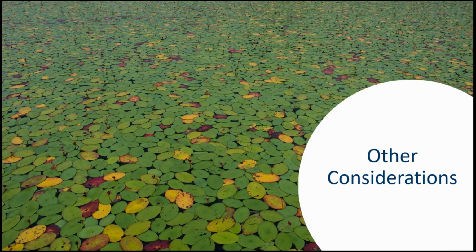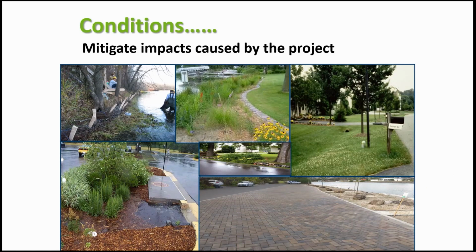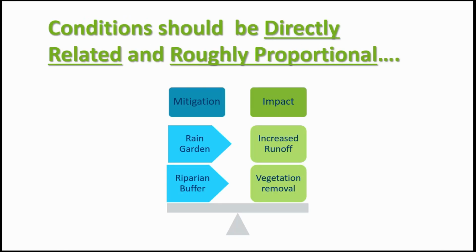Let's move on. We just have a few remaining topics left here. And the first one is conditions, which are ways to minimize impacts to lakes and their shorelands. Minnesota allows communities to impose conditions if the conditions are directly related and roughly proportional to the impact created by the variance.